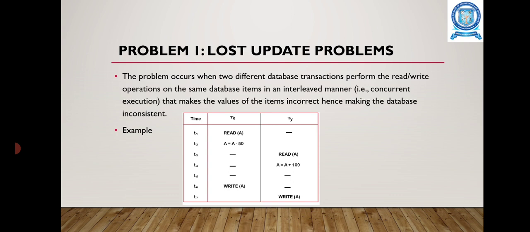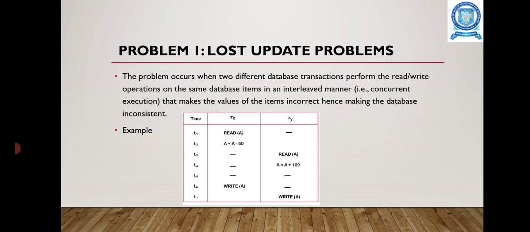At time T2, transaction Tx deducts 50 from account A, that becomes 250. Next, at time T3, transaction Ty reads the value of account A, which will be 300 only because Tx did not update the value yet. At time T4, transaction Ty adds 100 to account A, that becomes 400.